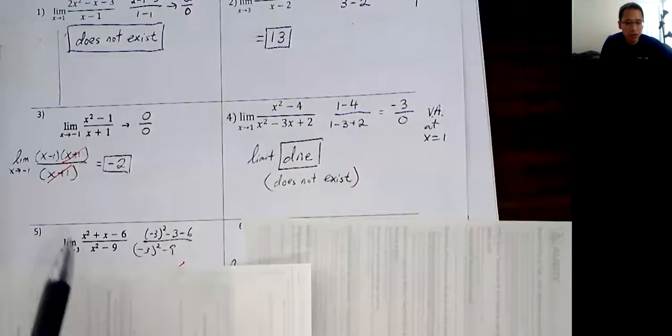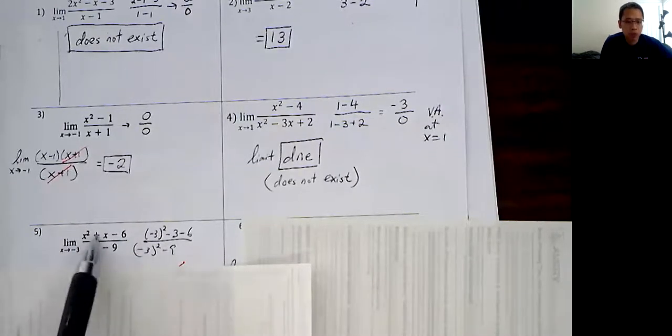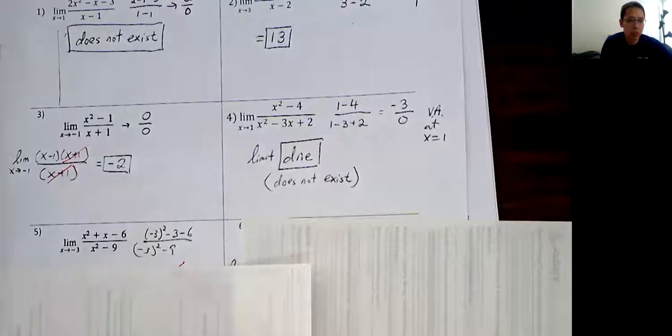So let's get into the habit of always evaluating first before we jump too far and thinking that we can factor. Now, it could be a factoring problem, but let's not assume that there's a hole. Let's always just plug in and see what results we get. And if we realize there's a hole, then we can take the second step of further evaluating and further algebraically cleaning up the expression.